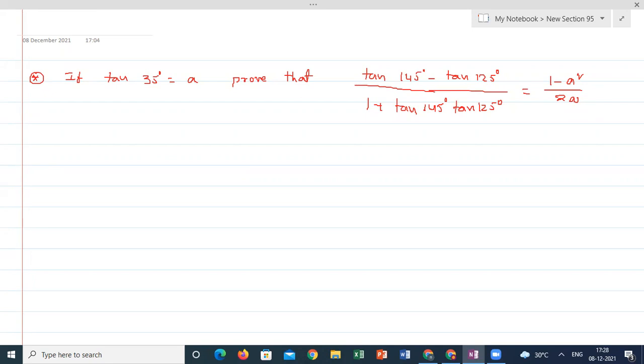So how do we deal with tan 265 degrees? Sorry, sir, we'll get tan 20 degrees, I think. So how do we deal with tan 20? How to calculate tan 20 with the help of given data?